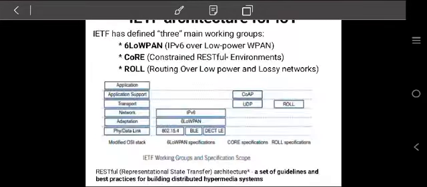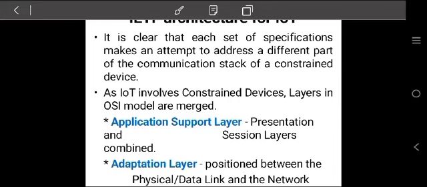And second and the third is the UDP protocol, and next is CoAP and ROLL. This CoAP, UDP, and ROLL combine both the CoRE specification and the ROLL specification. So this is also called a RESTful, representational state transfer, architecture, where it works under a set of guidelines which provides the best practices for building a distributed hypermedia system.